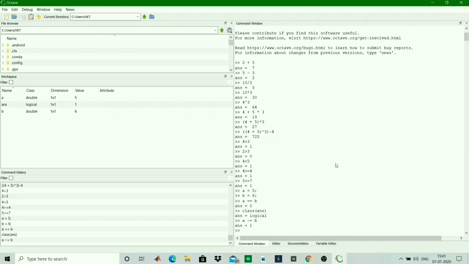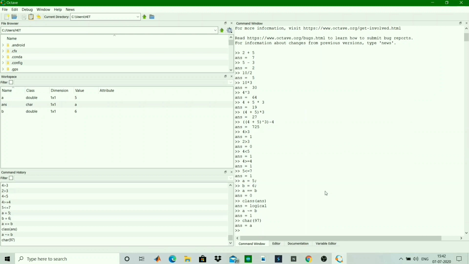So you can check it out easily using the character function, and that is inbuilt, char 97, and then hit enter. You'd see the answer is A, and that means in ASCII the number 97 has been assigned to A.